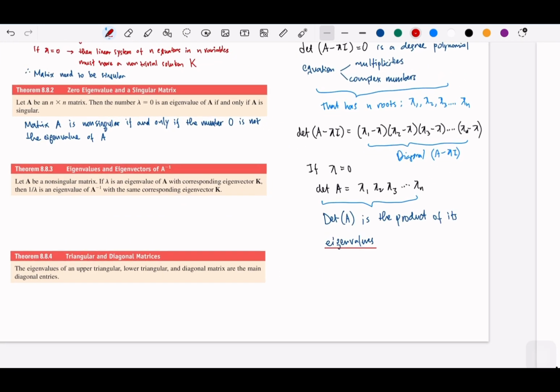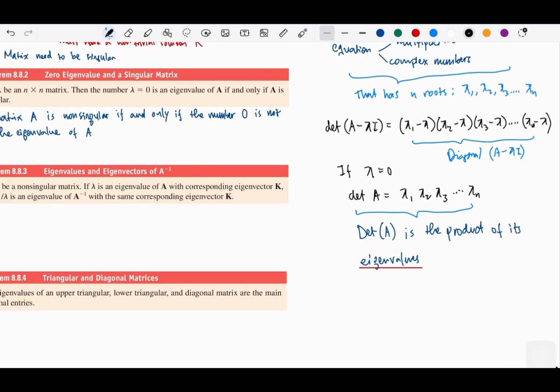And in the previous example, the complex one, if A is 6, 5, negative 1, 4, we know the determinant is going to be 24 plus 5, right? But we can also see that the determinant of A is the multiplication of its lambdas.